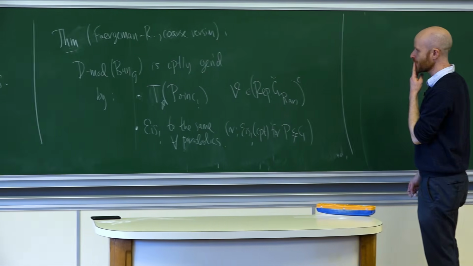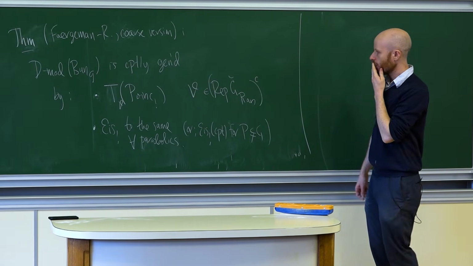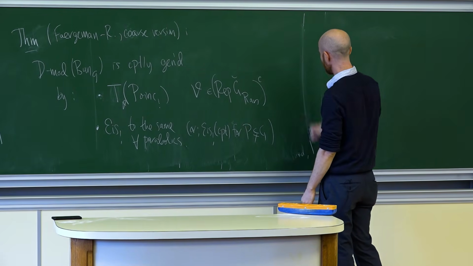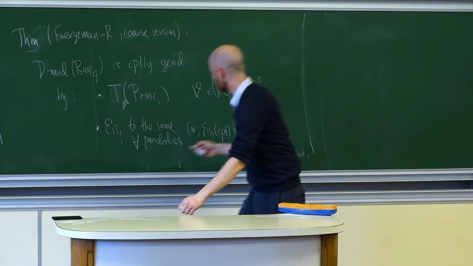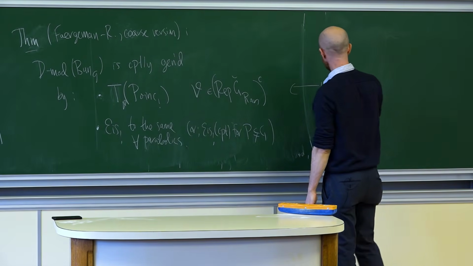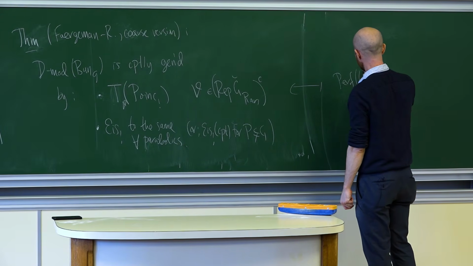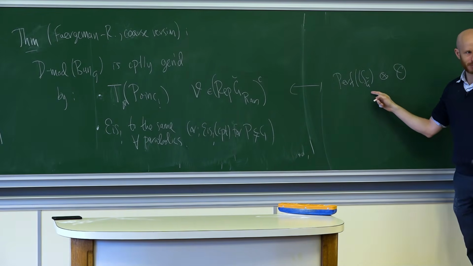Could you comment on what this looks like on the spectral side? Absolutely. So this is like saying take a perfect complex on Loc_G check, tensor with O. That's like perfect complexes.